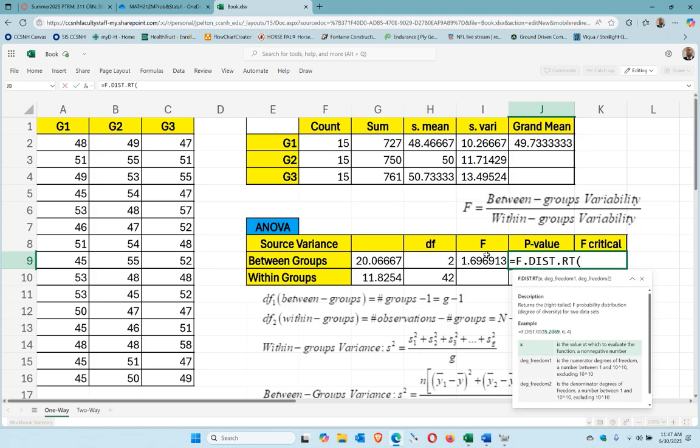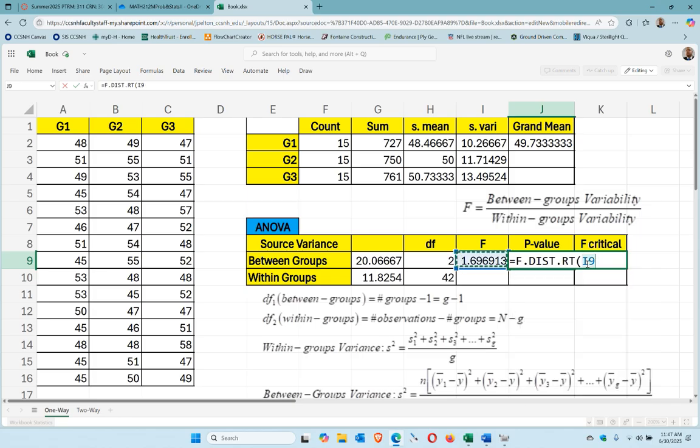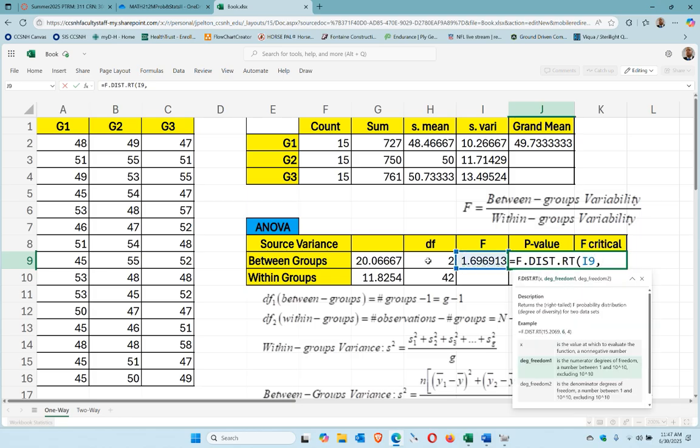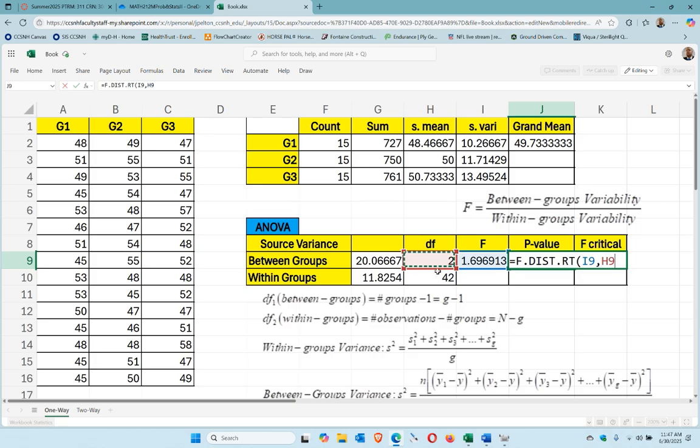This is the x value, which of course is F in this case, comma, then we have degrees of freedom. This one is 1, and that is 2, close paren. If you don't remember, it's degrees of freedom 1 and degrees of freedom 2, between groups and within groups. So there is my p-value.